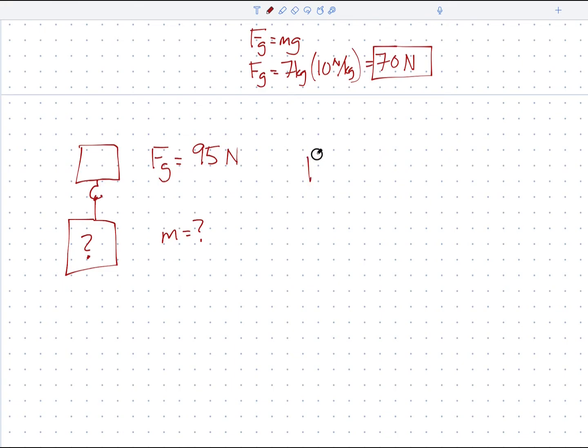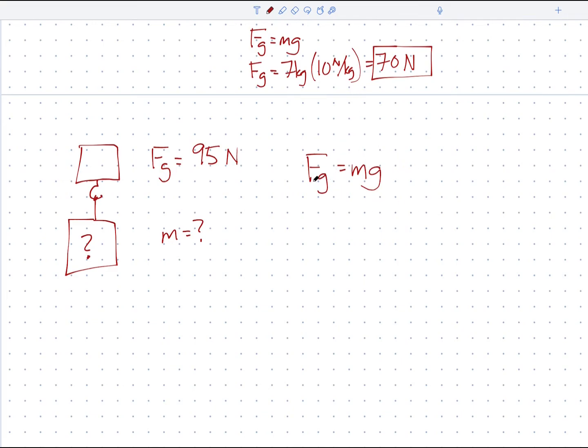All right, so again, we have this equation, force of gravity equals mass times little g. But now we want to find the mass. So we can rearrange this equation to solve for the mass, with mass by itself on one side.